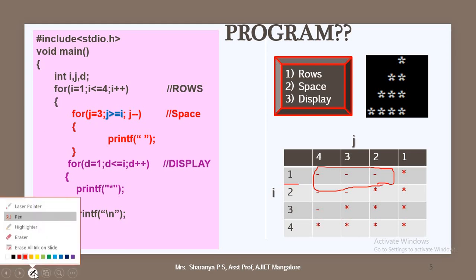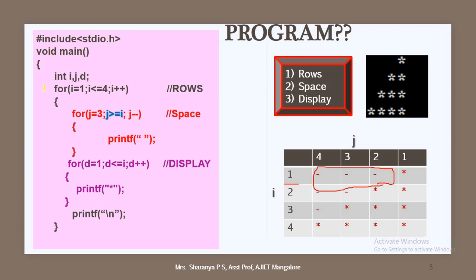Now if we analyze this code step by step, when the I value is equivalent to 1, the first for loop is executed with value 1, J will be set with value 3. So J will begin with the value 3 and then it will be printing the actual space, if J, 3, is greater than or equal to I. Yes.